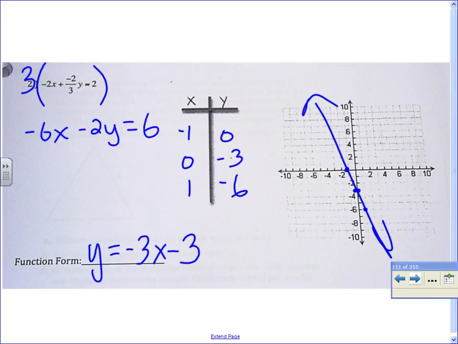Did you get that after you multiplied everything by 3? Okay, well, the 3 here cancels, so these are gone. Okay, yeah, remember that if you multiply by the bottom of a fraction, it cancels it.